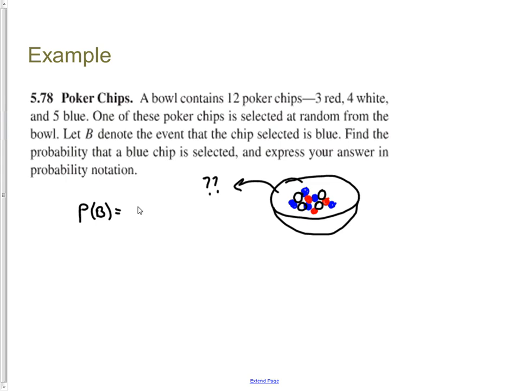Well, there are 5 blue chips in this bowl of 12 poker chips, so in proper notation, our probability is 5 out of 12.